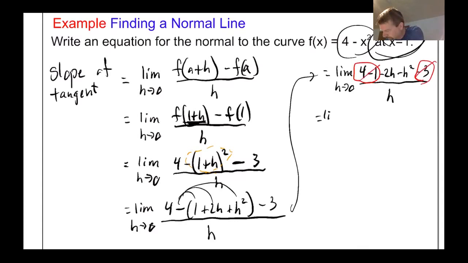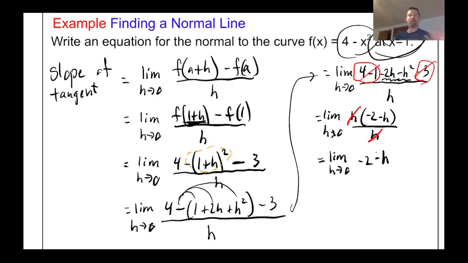I've got the limit as h approaches 0, and I can factor an h out of those: h times negative 2 minus h, all over h, which is super convenient because guess what's going to happen? Those h's are going to cancel out. Huh, that seems to happen a lot. We end up with the limit as h goes towards 0 of just negative 2 minus h.